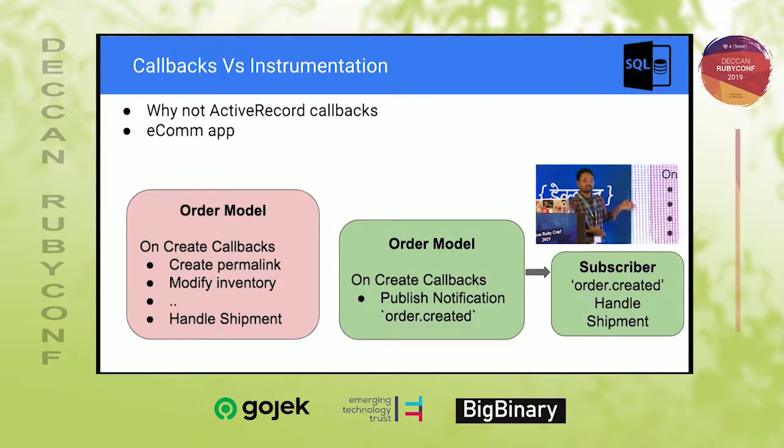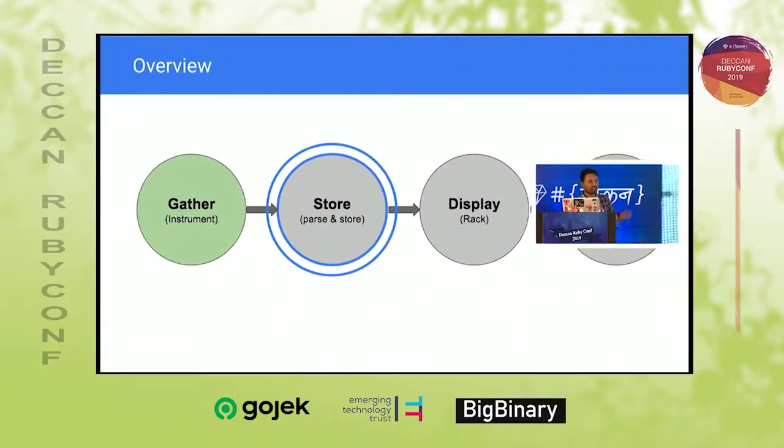That is one approach: I can have all those as callbacks inside my model. Or I can have the order model publish an event, order created, and the subscriber, a decoupled part listening to that event, will get notified and will handle the shipment things. So this is another architecture. You can do the same things in some other way.